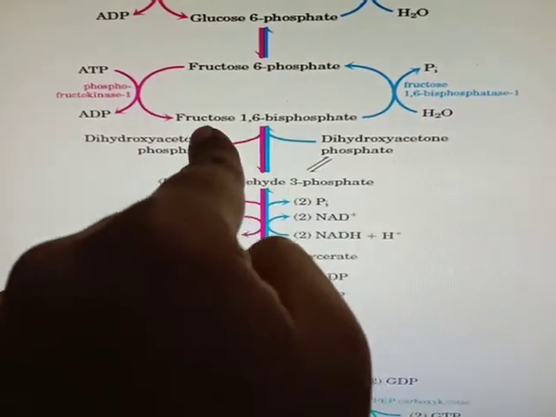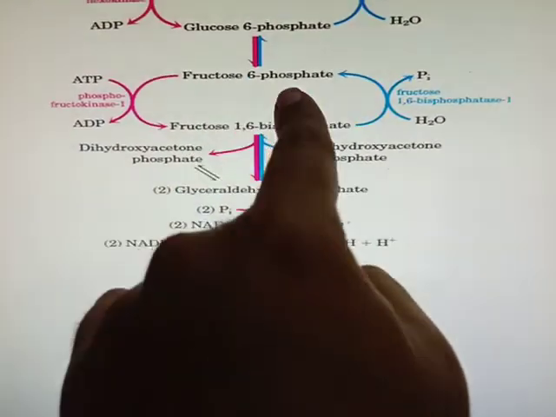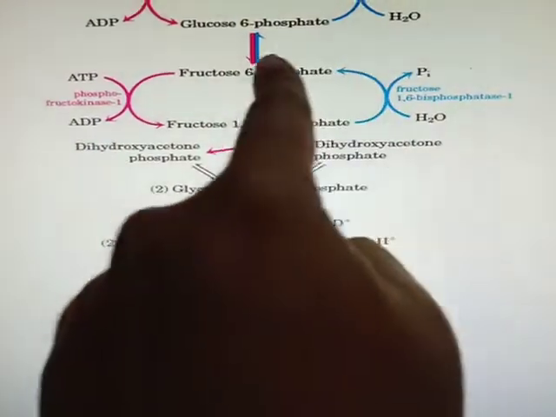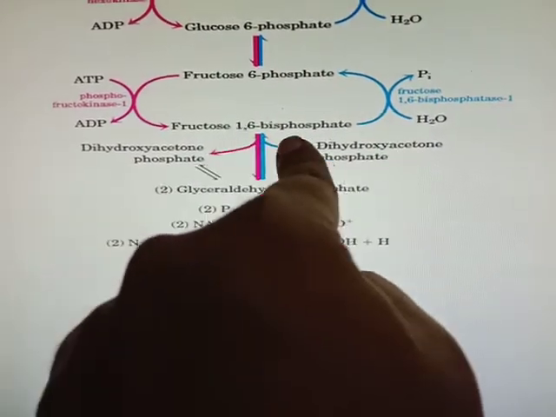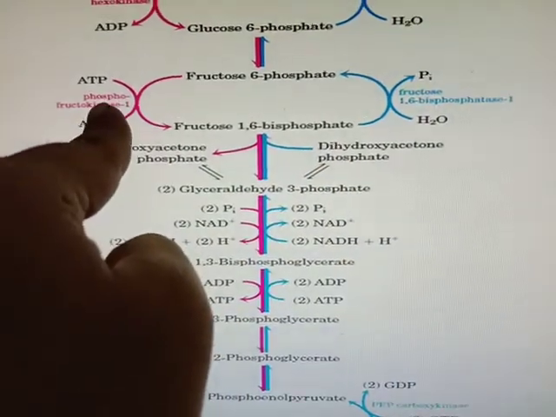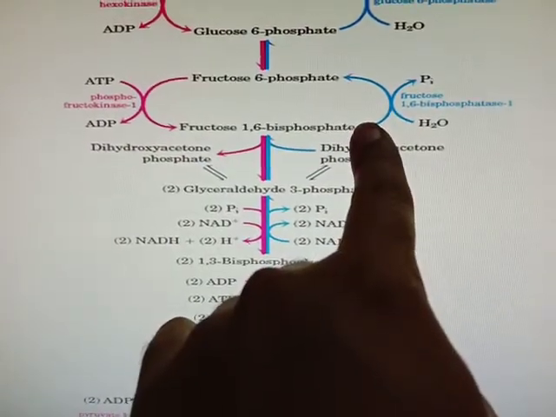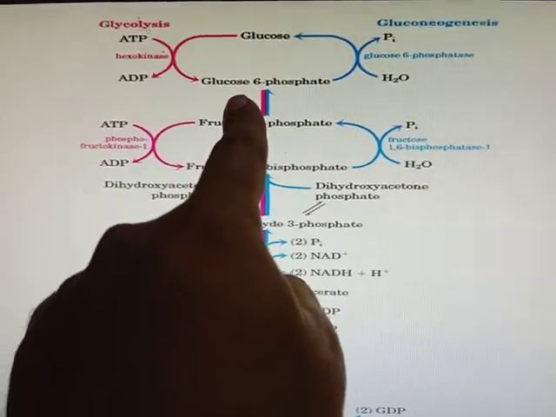Okay, now fructose 1,6-bisphosphate is converted into fructose 6-phosphate by the enzyme fructose 1,6-bisphosphatase, whereas in glycolysis fructose 6-phosphate is converted into fructose 1,6-bisphosphate by the enzyme phosphofructokinase 1. So it is not the reversal of glycolysis. Then fructose 6-phosphate is converted to glucose 6-phosphate.